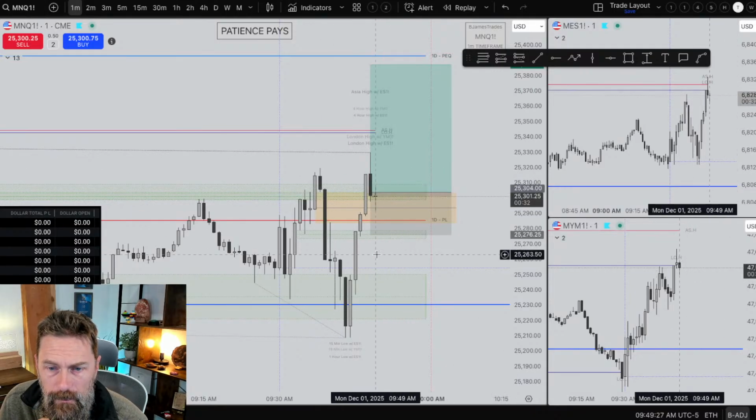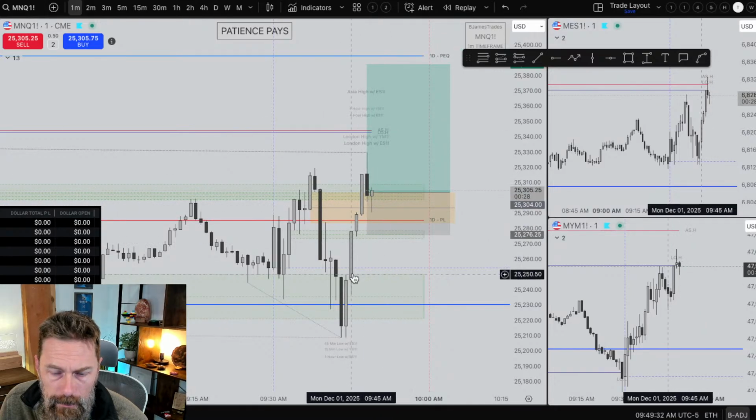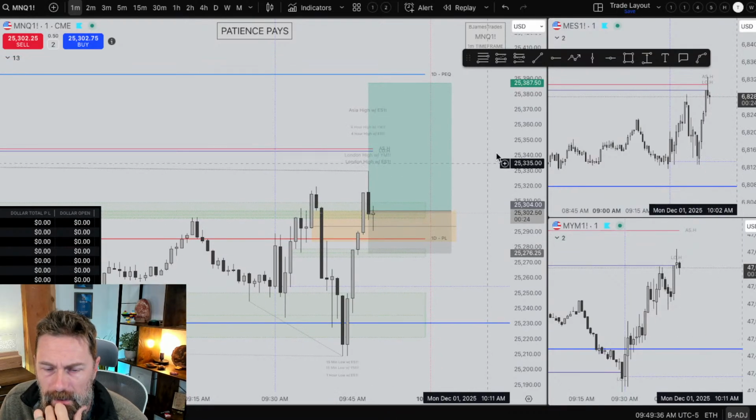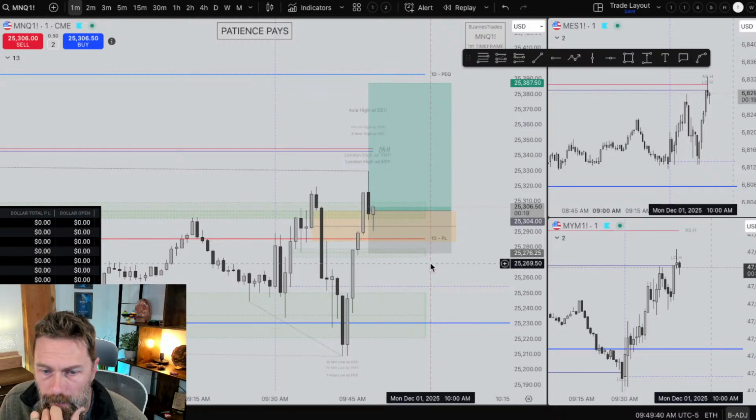So in my studies, if price is going to distribute, you really don't expect it to rebalance all the way down into here. But it might not. It might want to keep consolidating in this S&D profile before this news.